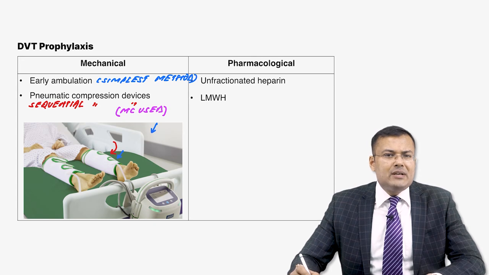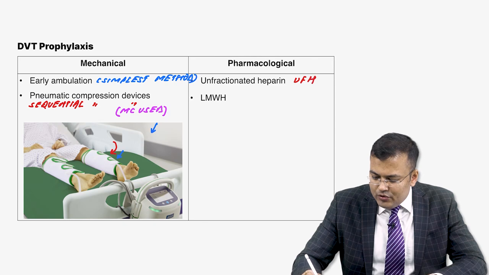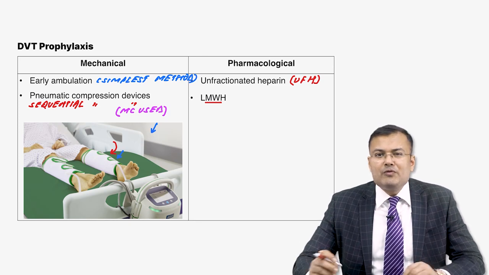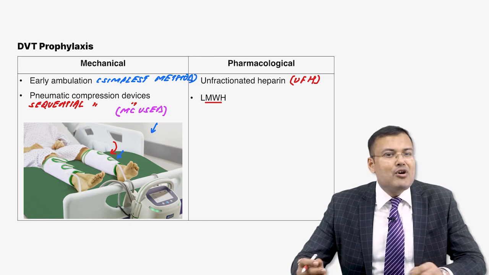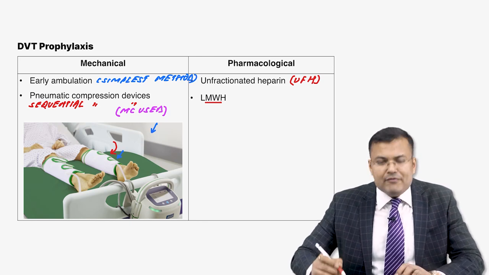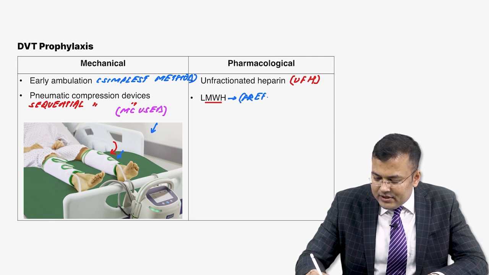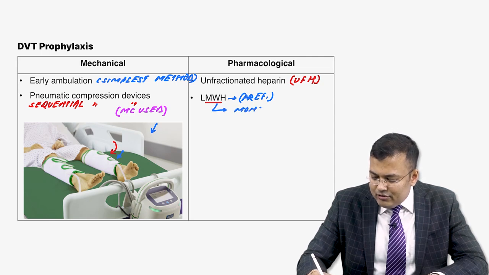What are the pharmacological methods? The drugs used: either we can use unfractionated heparin, UFH, or low molecular weight heparin. You tell me which one is preferred. We prefer low molecular weight heparin. Why? Because monitoring is not required.